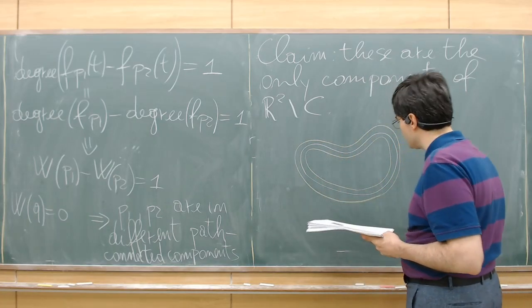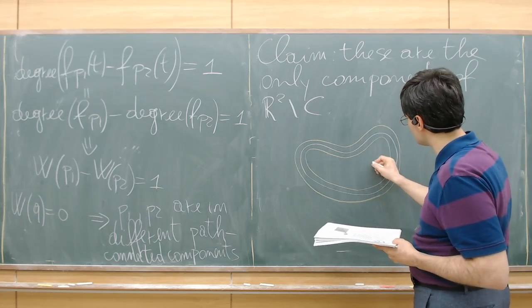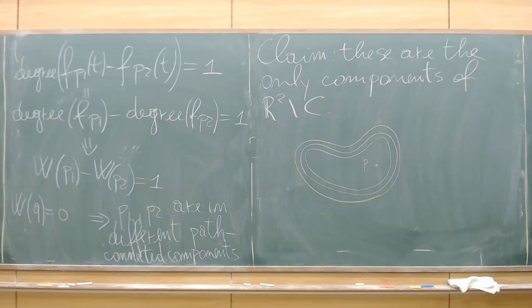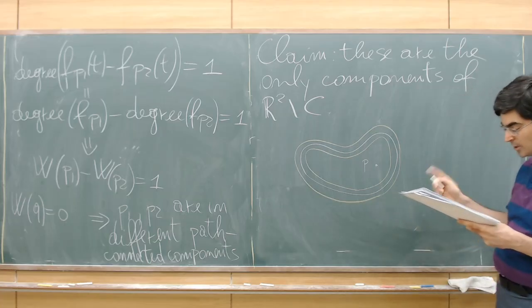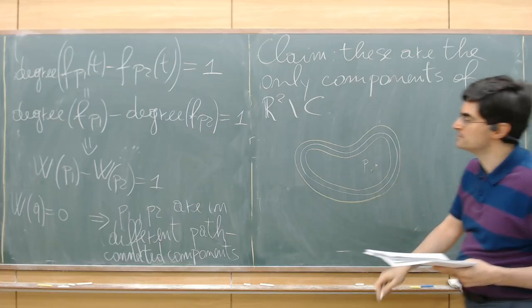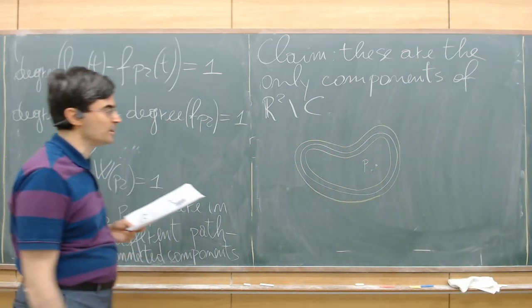Okay, let's fix a point, for example, here. Then we want to try to connect P to P1 or P2. How to do this?